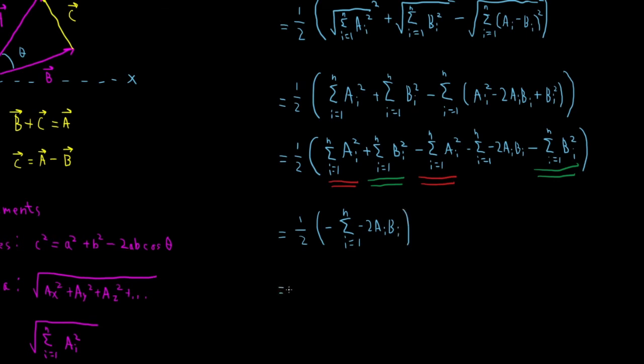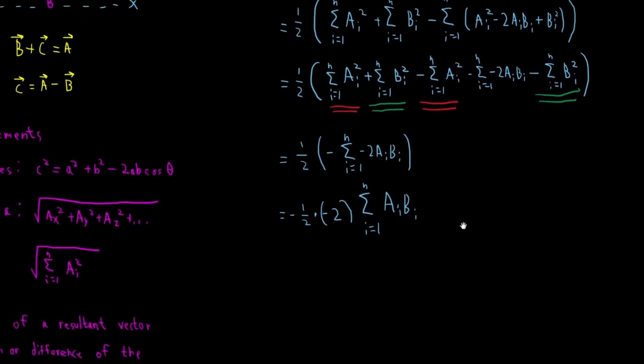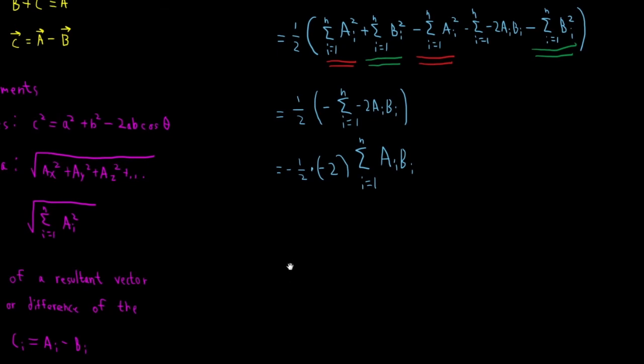Moving out the constants, we're left with minus 1/2 times minus 2 times the sum from 1 to n of Ai Bi. And for our last step, the dot product of vectors A and B equals the sum of the products of the components of vectors A and B.